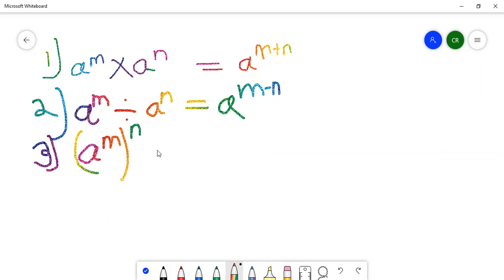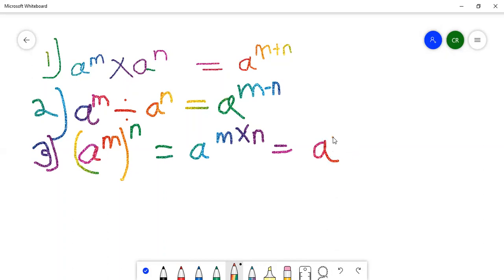You are right. Here it will be a to the power m into n, which is nothing but a to the power mn.